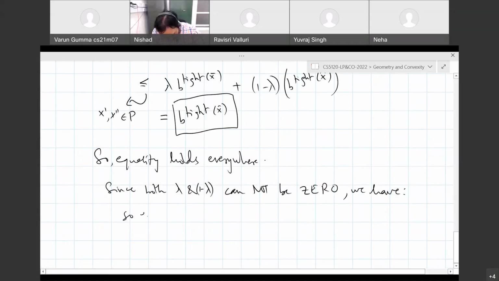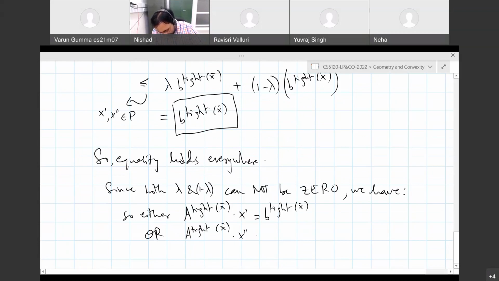So either A tight x bar times x prime equals b tight x bar, or the same statement holds for x double prime. Okay.